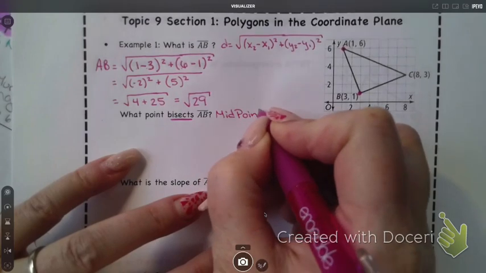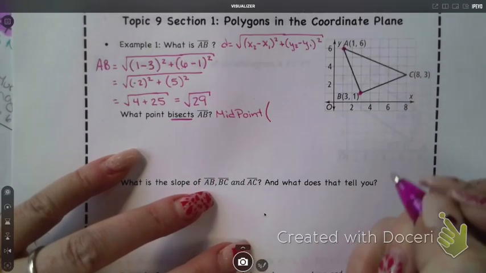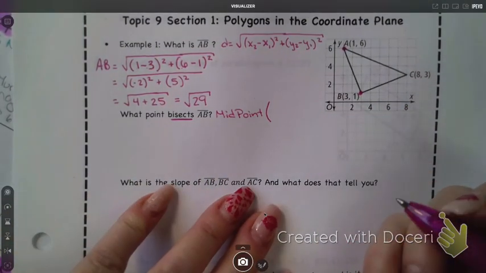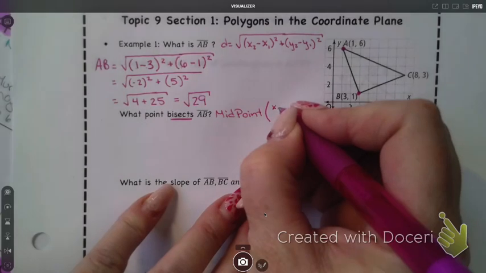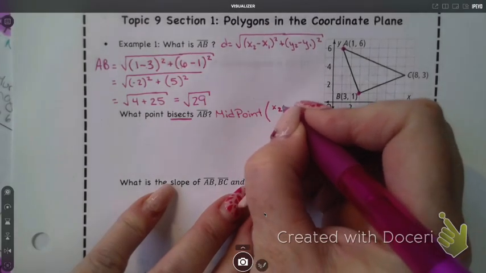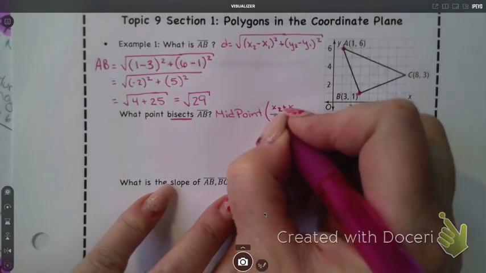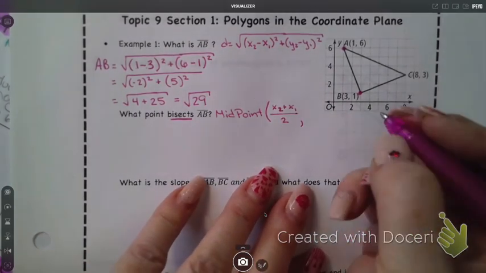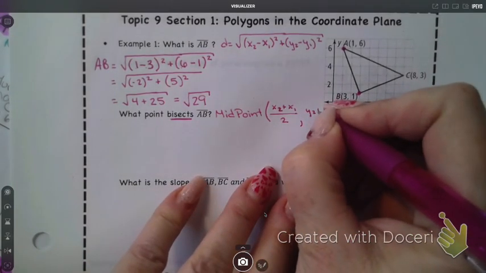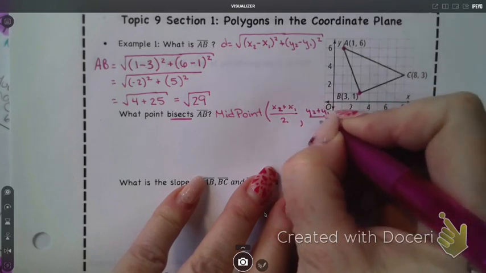So what is the midpoint formula? Because you were supposed to write it on your piece of paper. M equals x1 plus x2 divided by 2. I put 2 just because I'm used to the slope. Doesn't really matter, because I'm adding, right? And then y2 plus y1 over 2.